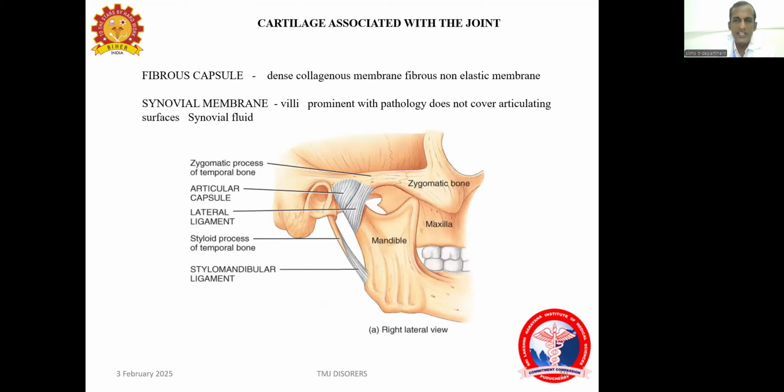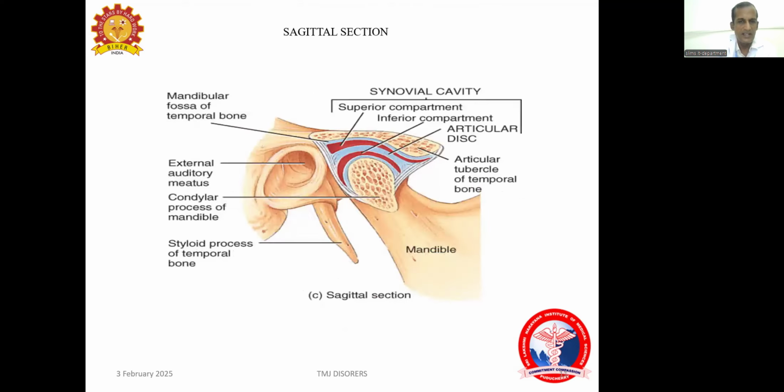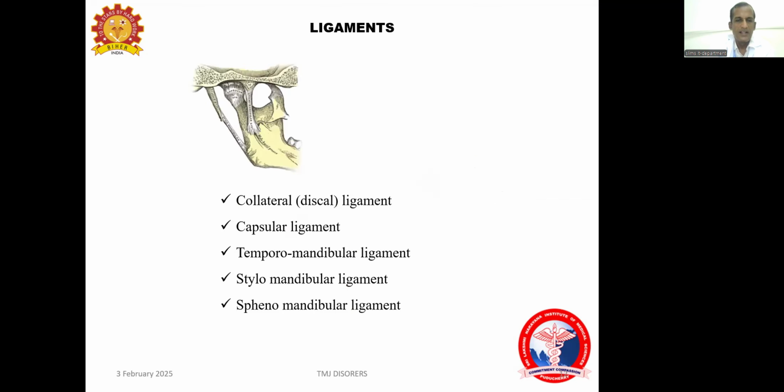The muscular attachment is the lateral pterygoid muscle, which is attached to the head of the condyle. And the ligaments: the capsular ligament, the temporomandibular ligament, the stylomandibular ligament, and the sphenomandibular ligament.